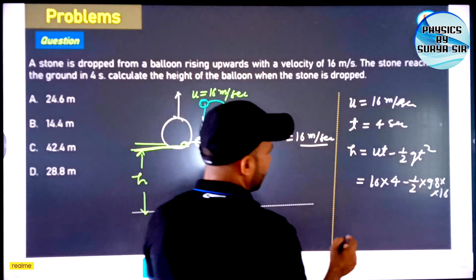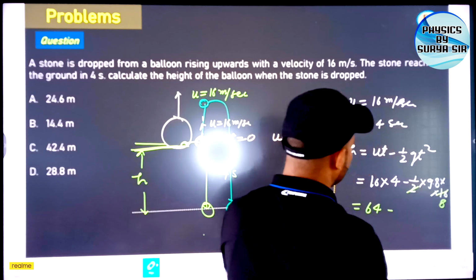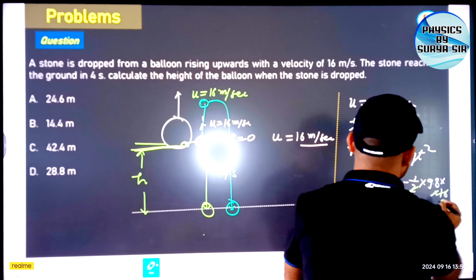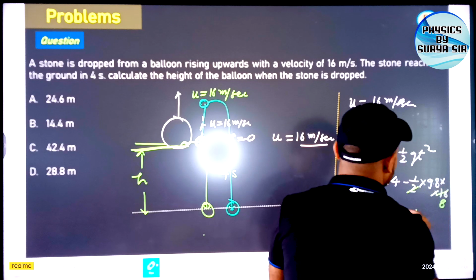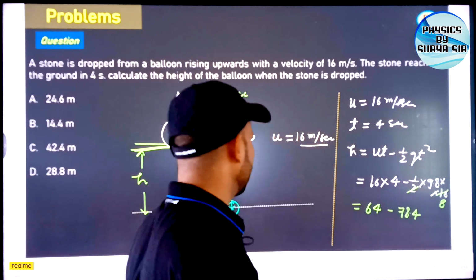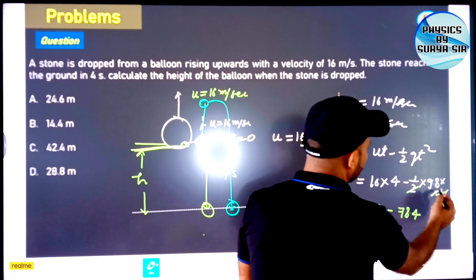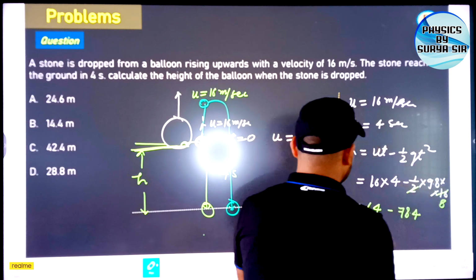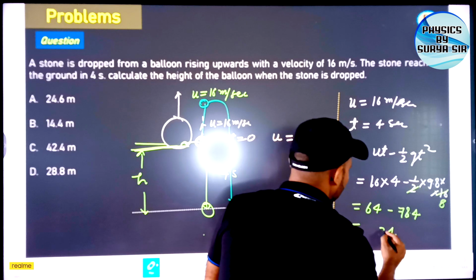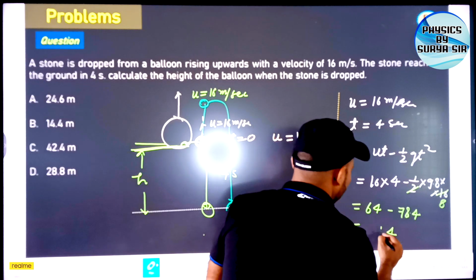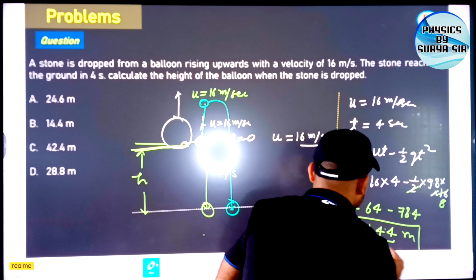So this is 64 minus half into 9.8 into 16, which is 78.4. So h is equal to 64 minus 78.4, which is negative. H is equal to minus 14.4 meter.